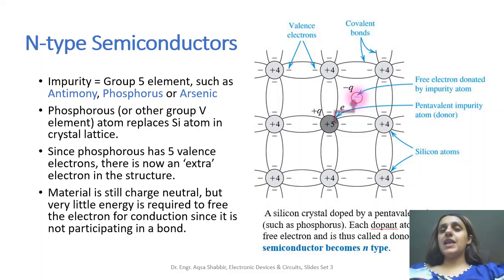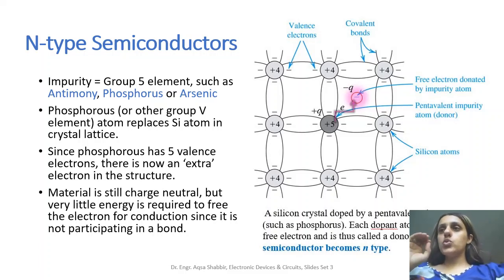However, the 5th valence electron is now free. It is now extra. Therefore, in N-type materials, we add donor impurities. The name donor is also very intuitive: it is a donor impurity because it donates electrons.